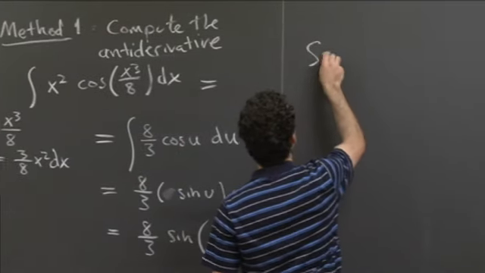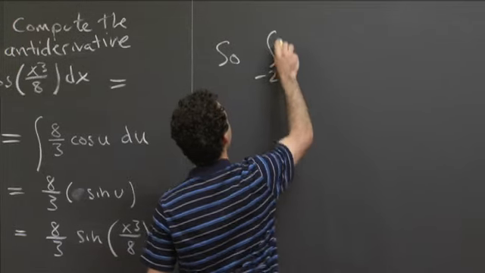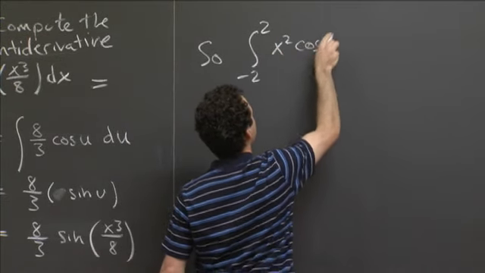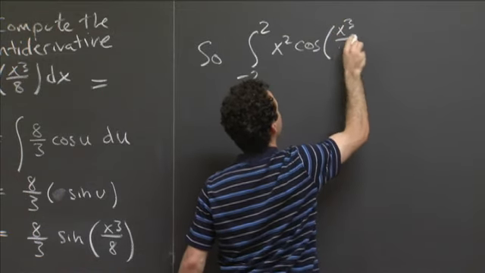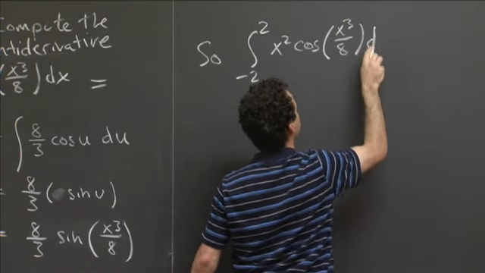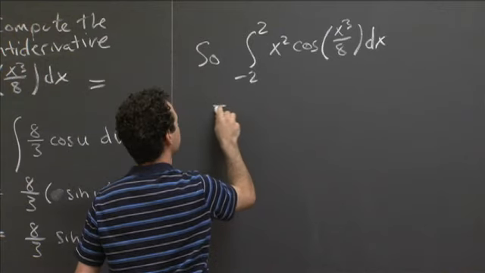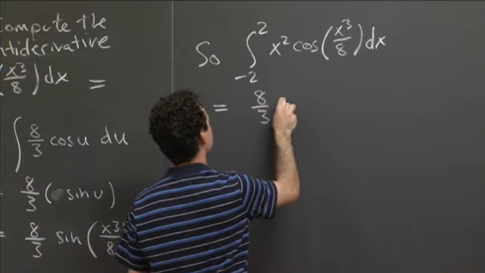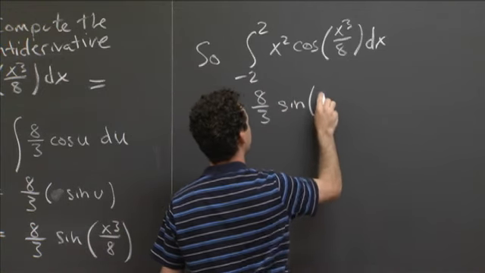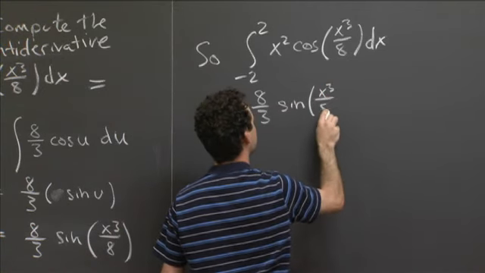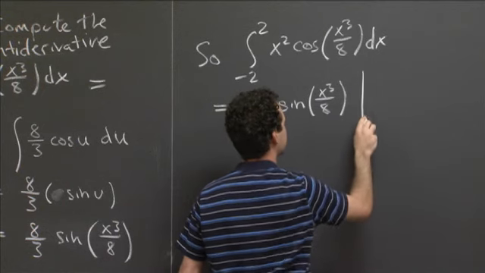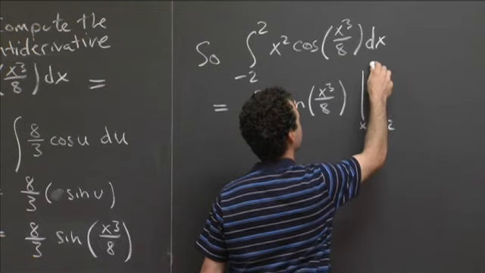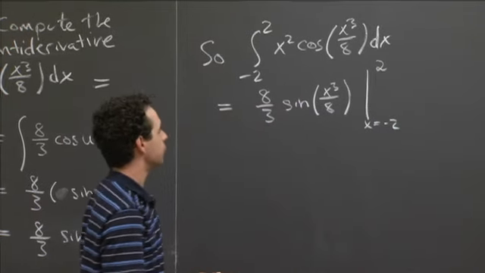The integral from -2 to 2 of x squared cosine of x cubed over 8 dx is equal to this antiderivative, 8/3 sine of x cubed over 8, taken between x equals -2 and x equals 2.